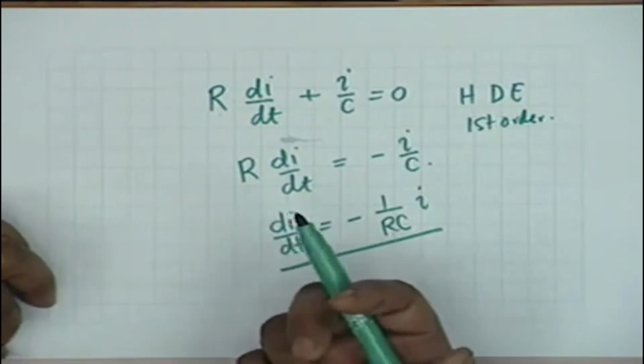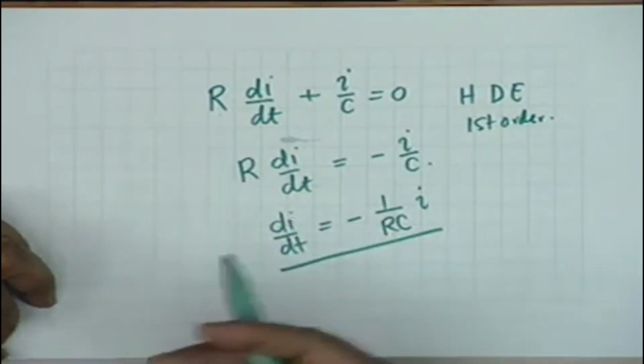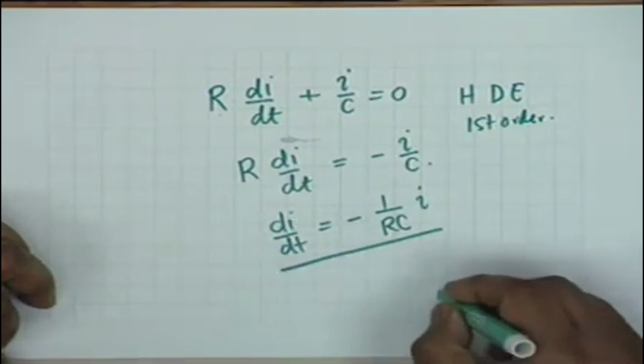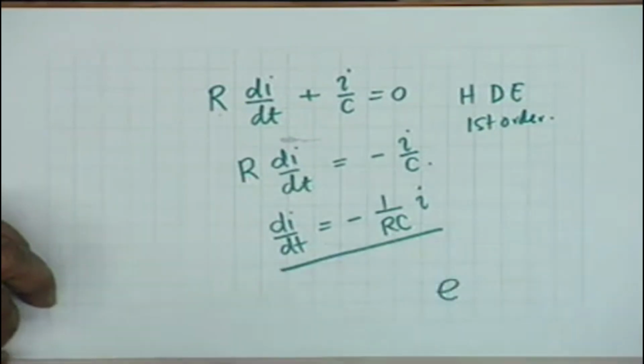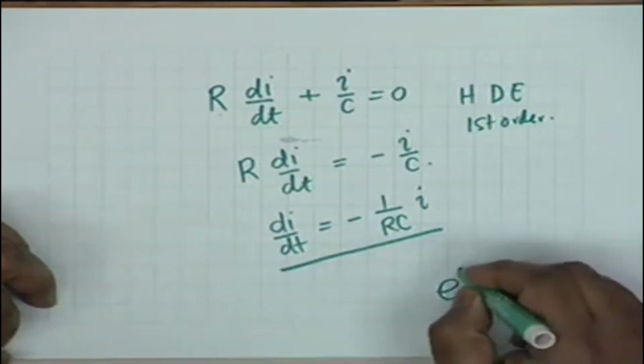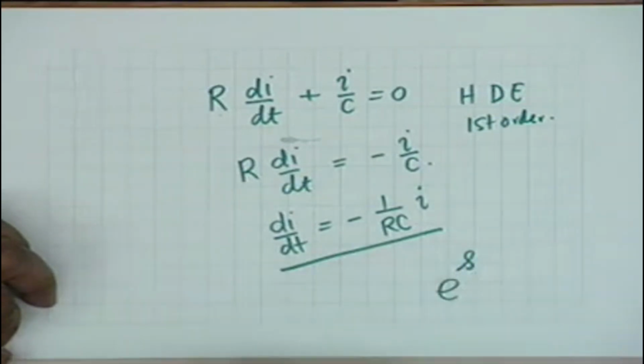You know that the exponential function, the differential coefficient, is again an exponential function, and therefore you argue that it must be of the form e to the power some constant s, small s, times t.